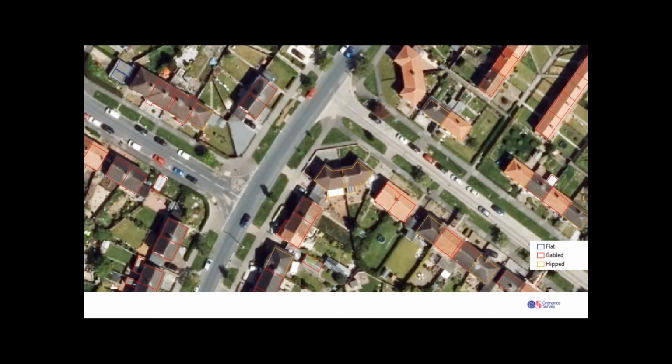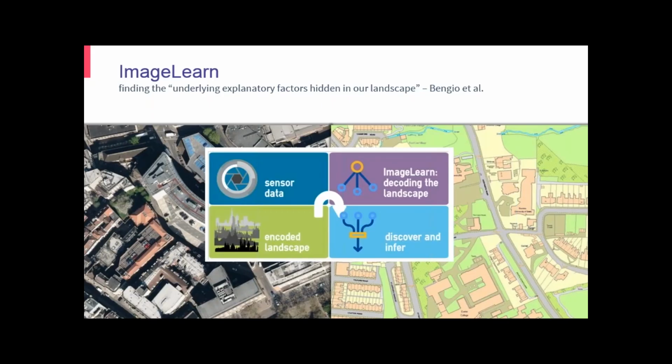So next I'm going to introduce you to our main overarching research project, which is called ImageLearn. Our plan is to move away from the archetypal deep learning model that I just explained to you, where you label data, train a model, and solve a specific task, because you just have to rinse and repeat that for every other problem.